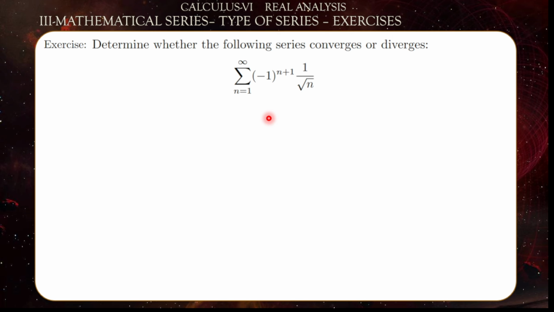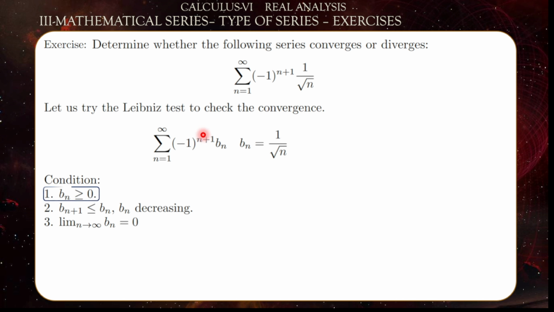We need 3 conditions to be met. Condition number 1: b_n is equal to 1 divided by square root of n, and b_n should be greater than or equal to 0. And as you notice, b_n is greater than or equal to 0 for whatever value of n within the natural numbers. 1 divided by square root of n, and we know that the square root is always positive for whatever value of n that you would have.